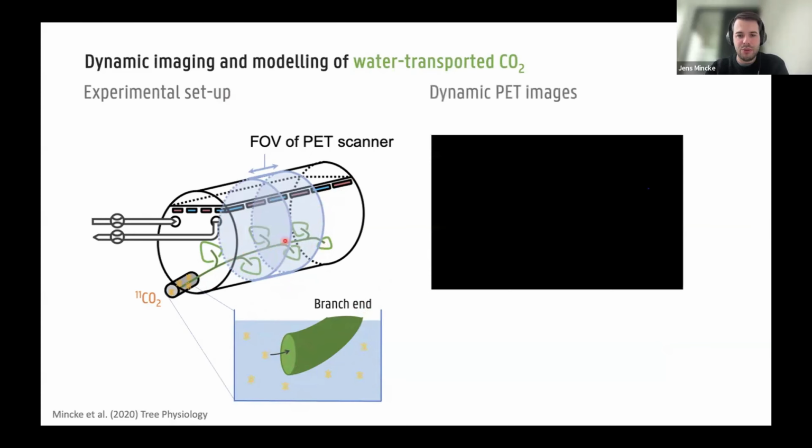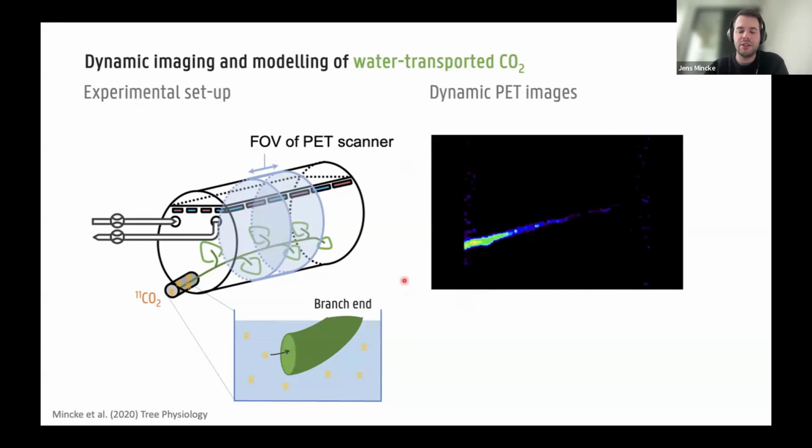And what we saw was the following. Note that only a small part of the branch is inside the PET scanner, and this is what is shown here. We see that most activity is retained at the base, but some of it is transported.